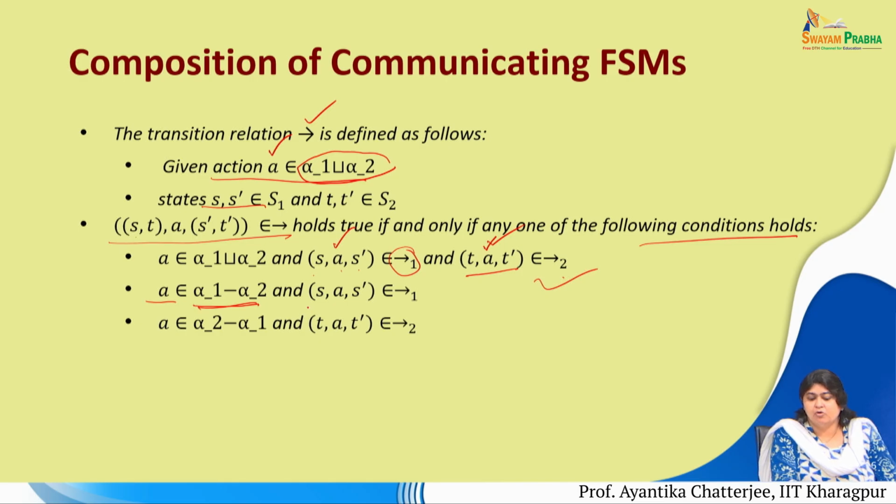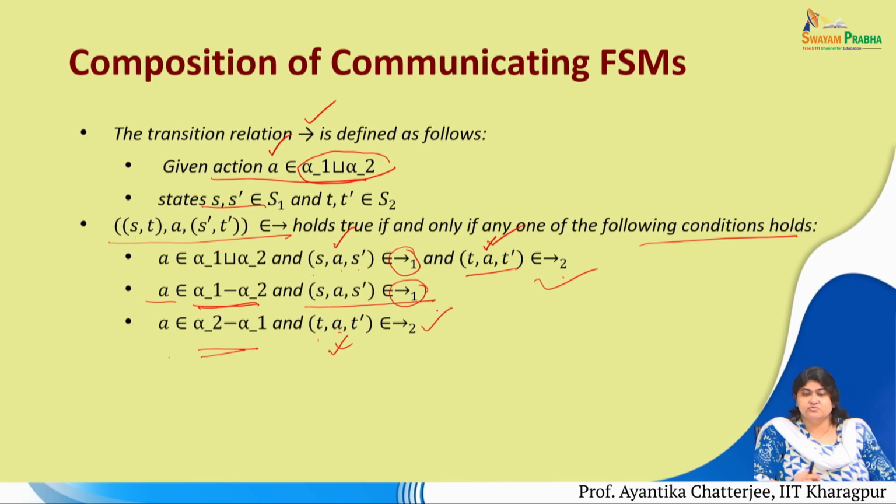That is why only the transition S to S dash based on this action A is defined, and it comes from the transition set specified for M1. Similarly, from the next condition, alpha 2 minus alpha 1, if A is a member of this difference set, the transition based on this action A is only defined for M2. See, T, A, T dash. This is the only valid transition for the M2 part.